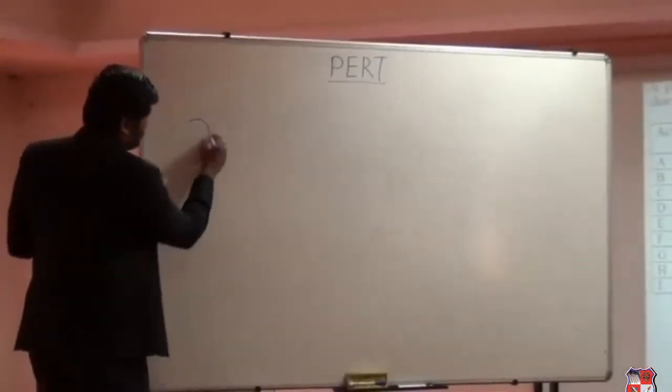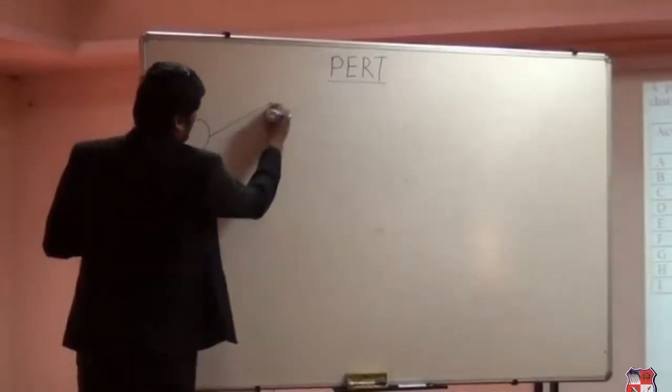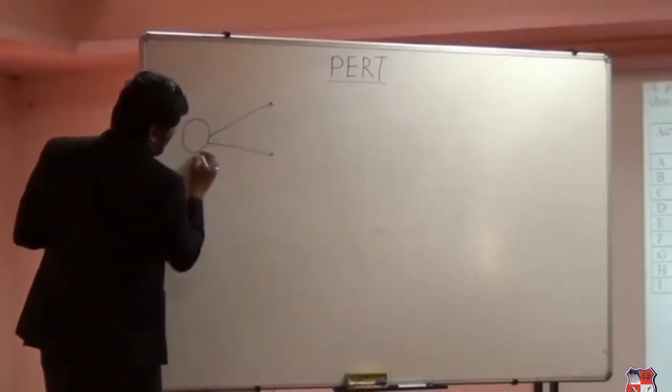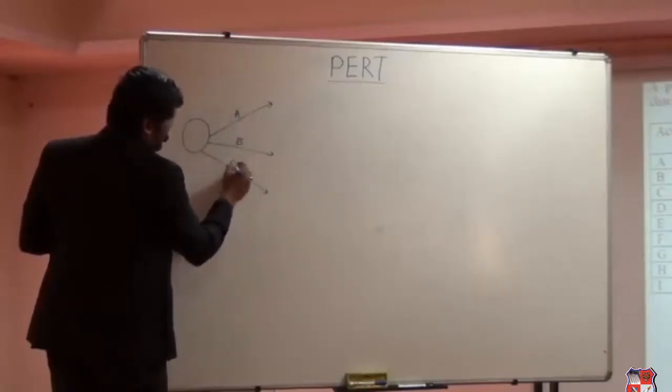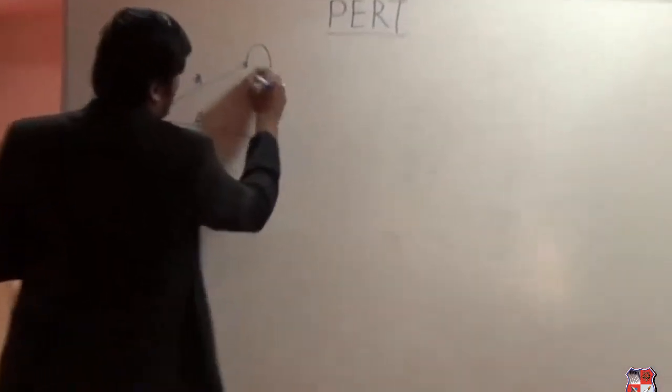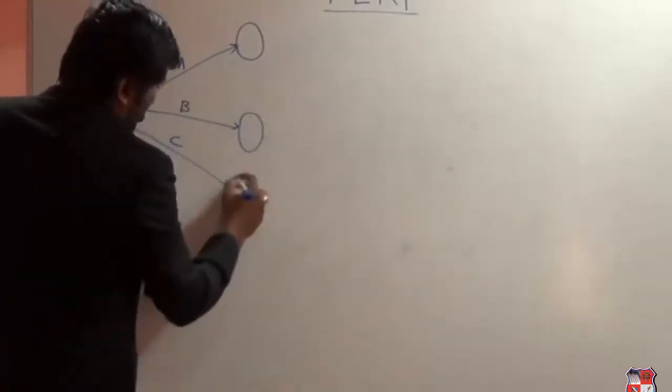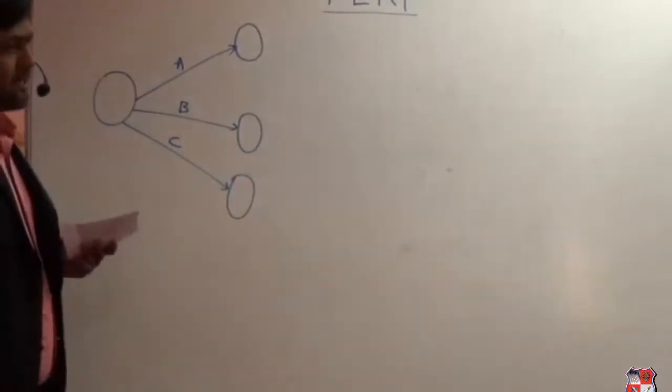As I said, activity on arrow, so we are going to draw 3 arrows starting from a single node. Remember, in case of the activity on arrow technique, the network must start with a single node only and must end with a single node.